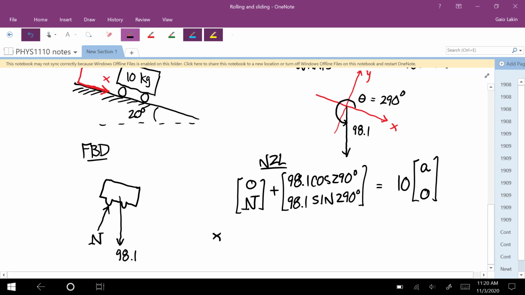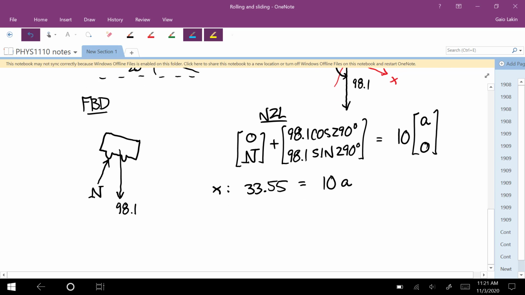So I'm going to use the x component of this equation. 98.1 times cosine of 290 is 33.55 plus 0 is equal to 10a. And so a is equal to 3.355 or rounded to 3.36 meters per second squared.